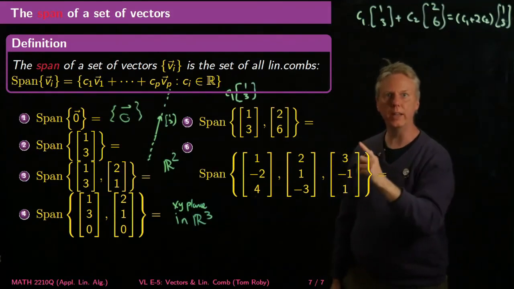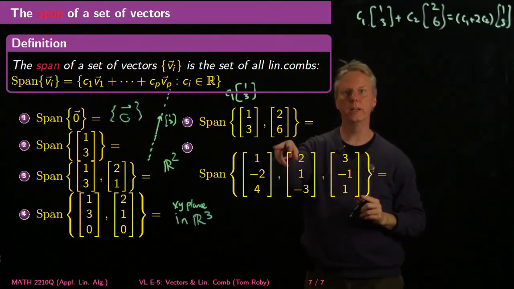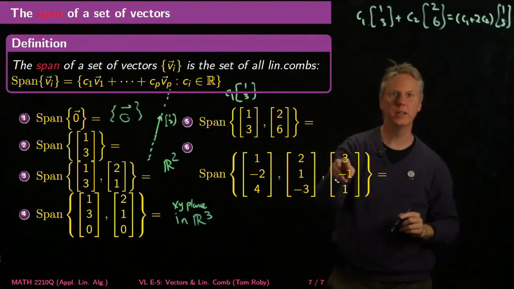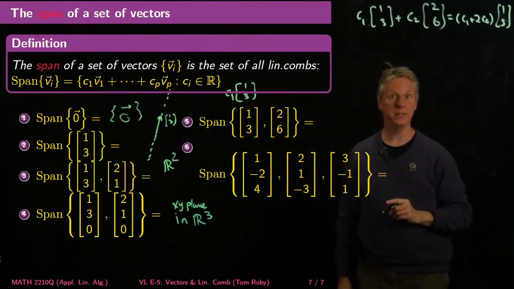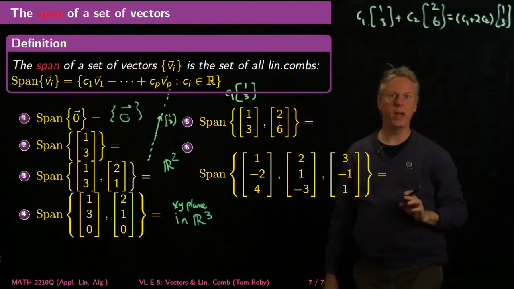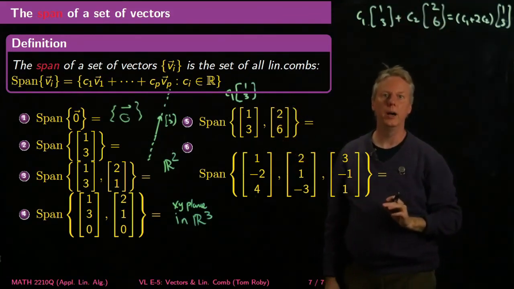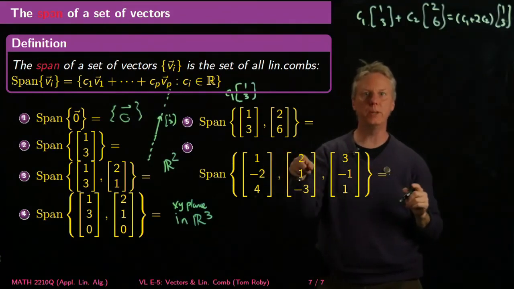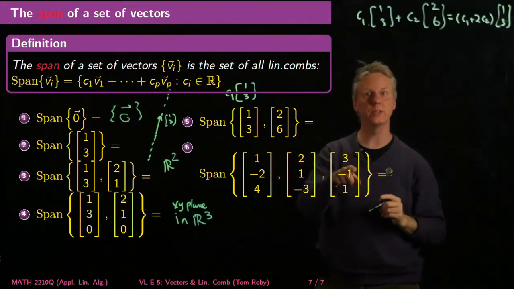All right, and so finally, the most complicated one is a guy like this, where you've got three different vectors in three-dimensional space. And you think, okay, well, maybe generically the span of that would be three-dimensional. But if you look a little more carefully, you'll notice a relationship between these three vectors. What is it?